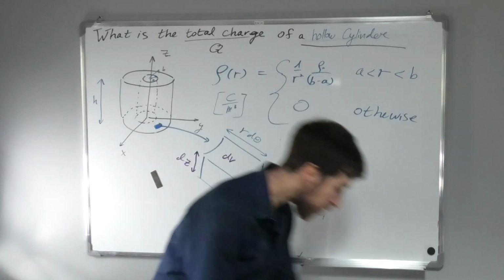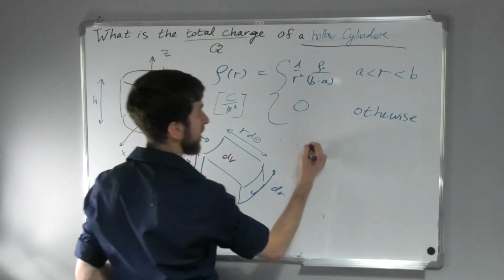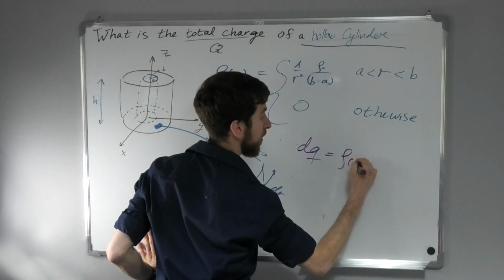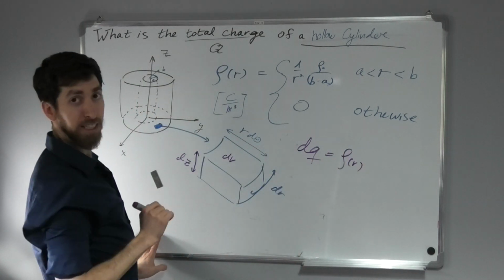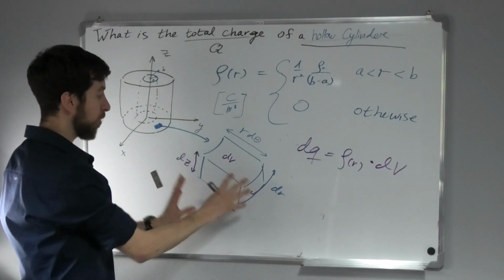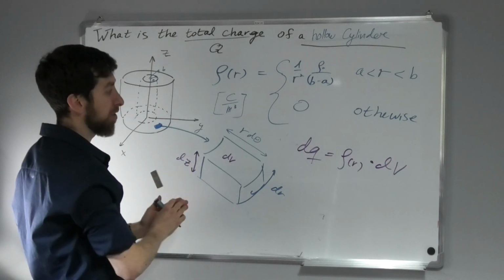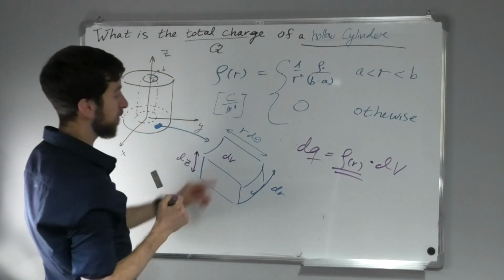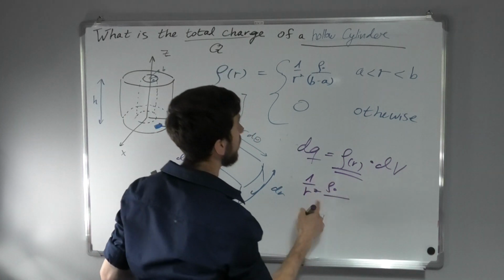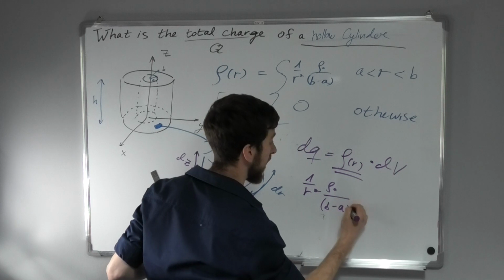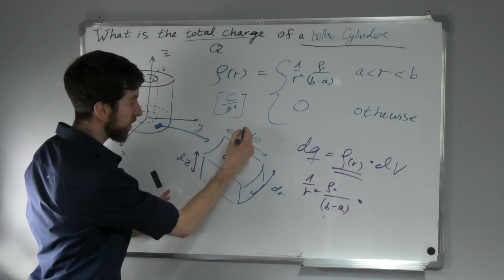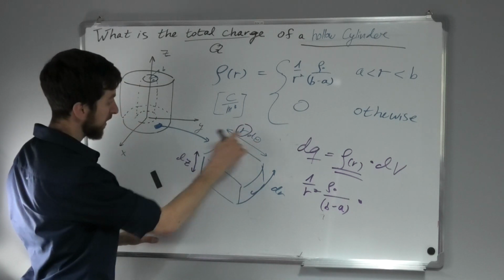Perfect, so right now we can write down what is dq, right? dq equal to what? To the charge density multiplied by dv, the volume, right? The small volume, the small Lego brick that we build together. So this we know, it's equal to that, 1 over r squared rho naught b minus a, multiplied by this monster, which is, you see it's only r, and the r, the theta, the z.